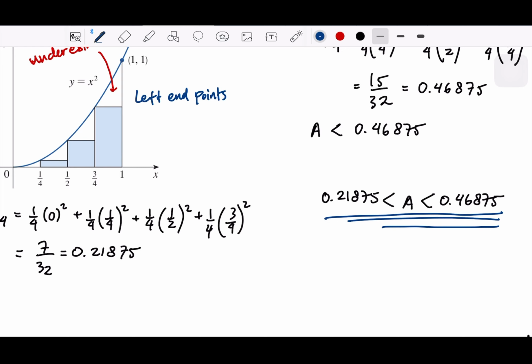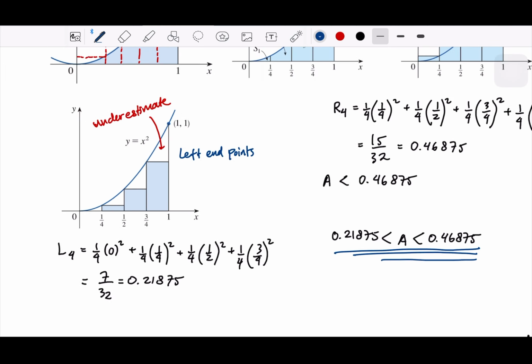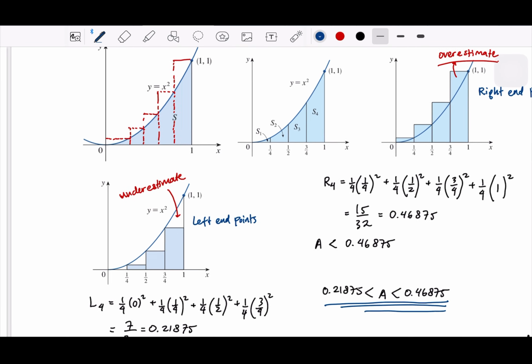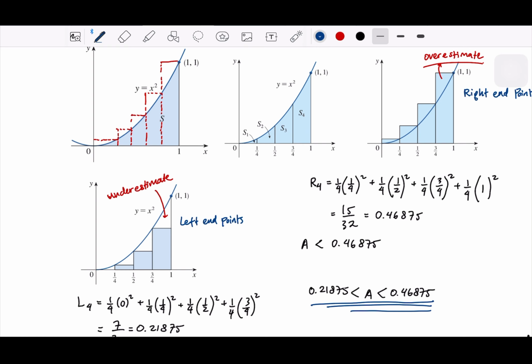If you could imagine how we define the functions, if we divide into more rectangles, you see that it will be getting closer and closer to what we are going to achieve.